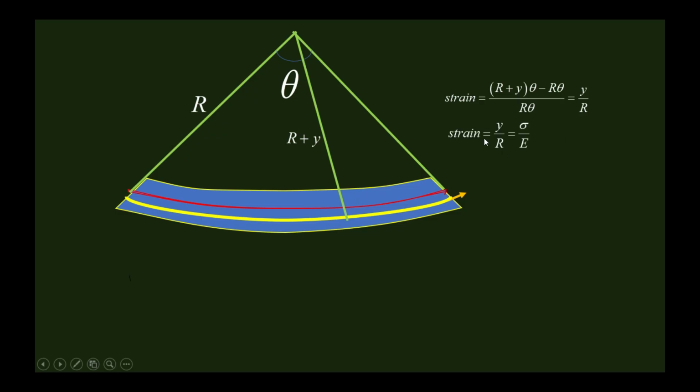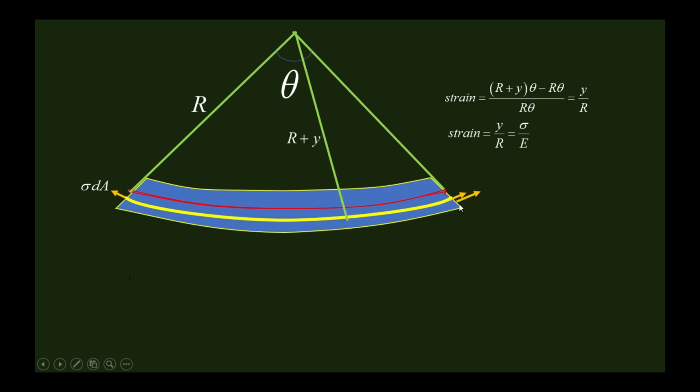Therefore, strain is stress over Young's modulus, so it must have some stress on it to get this strain. If sigma is the stress, then a force sigma into dA must act on this yellow layer, where dA is the area of the layer.